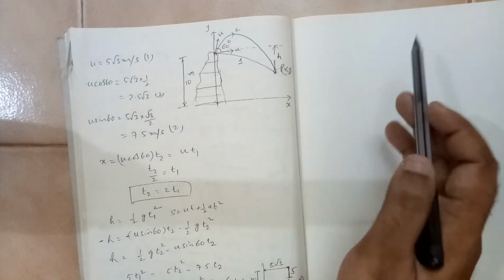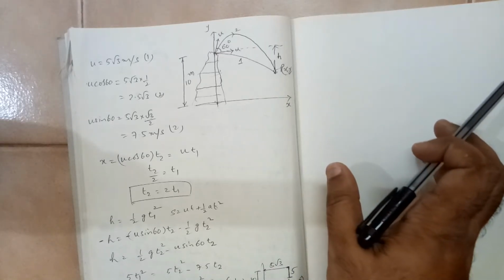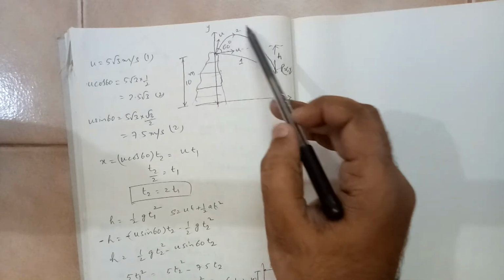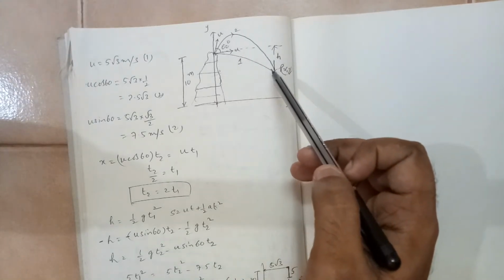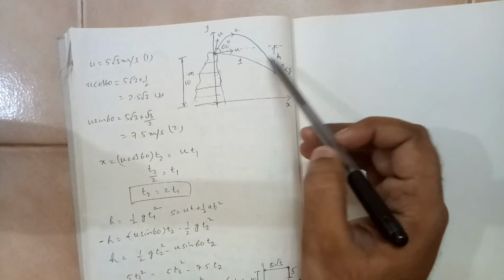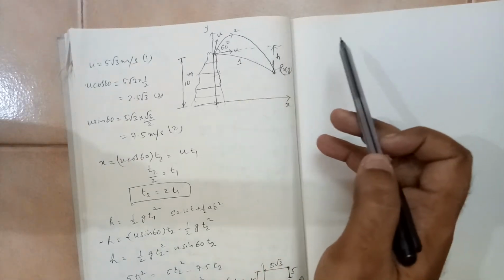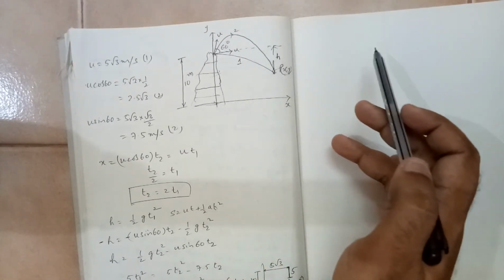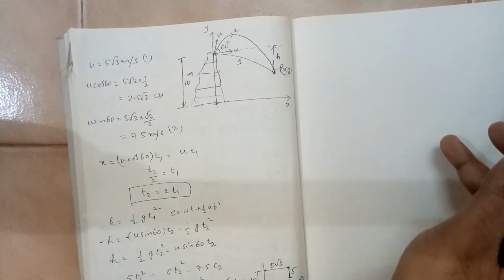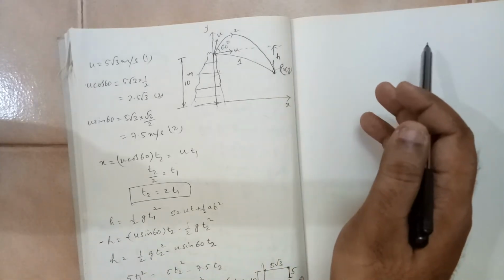The second one is a projectile motion, but the first has only horizontal speed, no vertical component, because it has been fired horizontally.